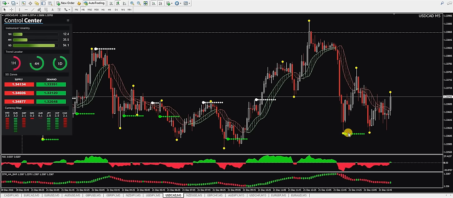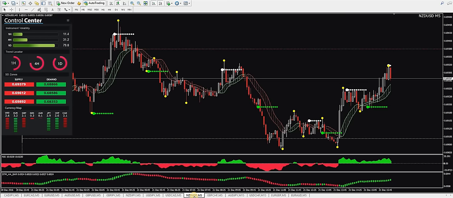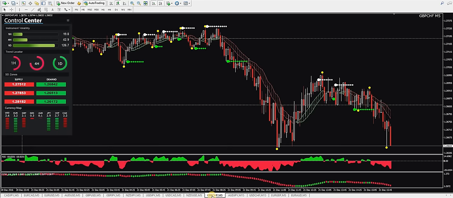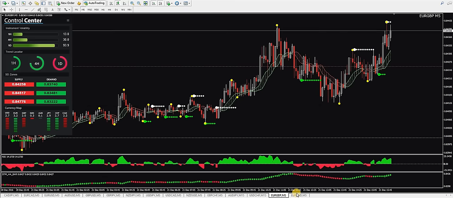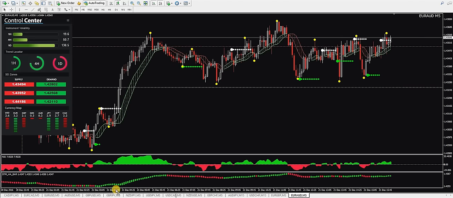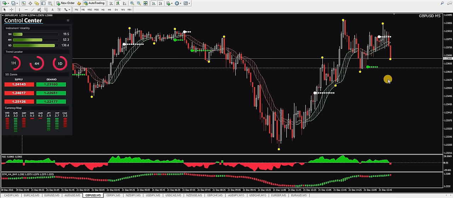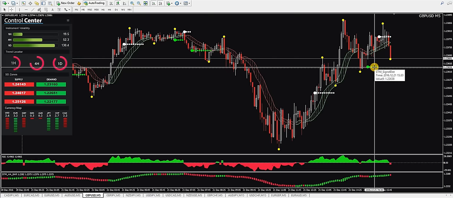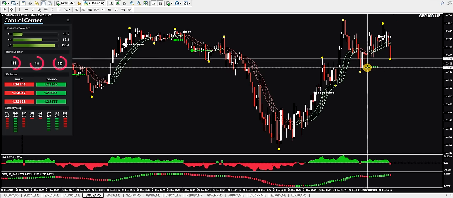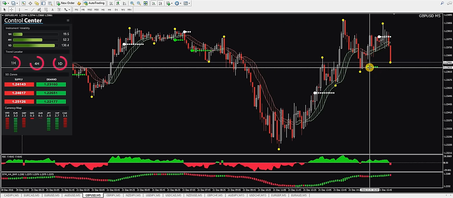We don't have our green and yellow dots over here, though. I'd like to see it a little closer. There's going to be some support around this level right here. But we'll see if we can get through that here.